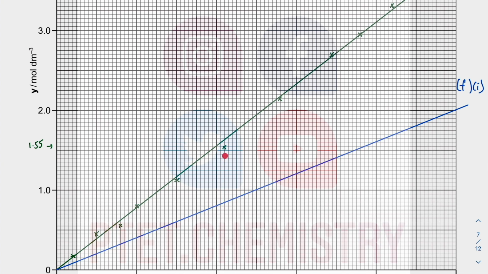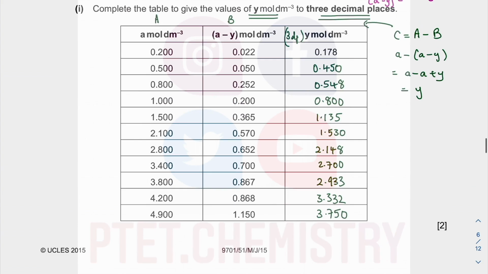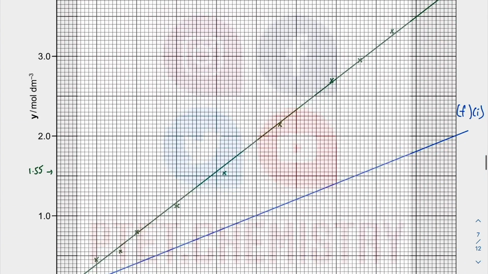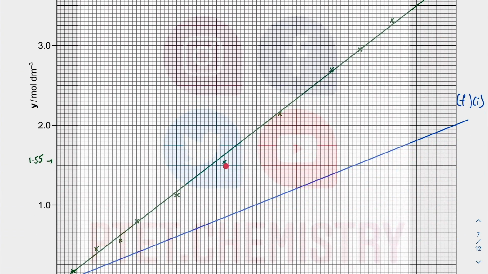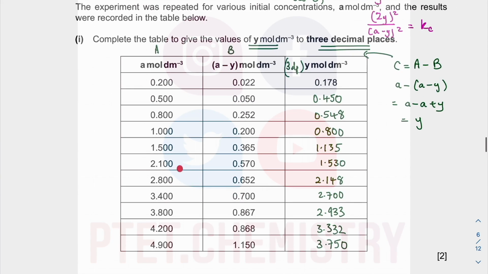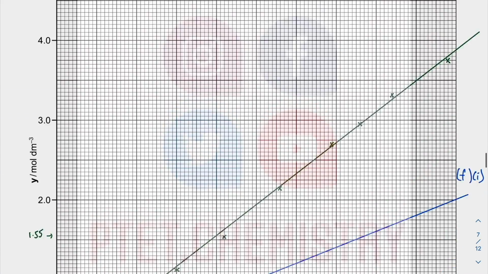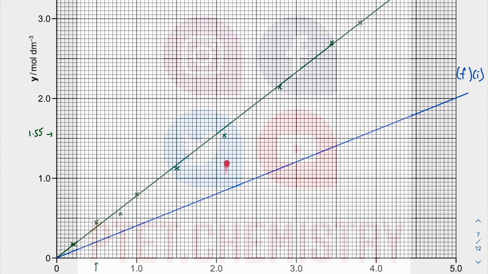This is 2.1 and 1.53, 2.1 and 1.55. Did it say 1.53? 2.1 and 1.53. So that point is actually wrong as well.